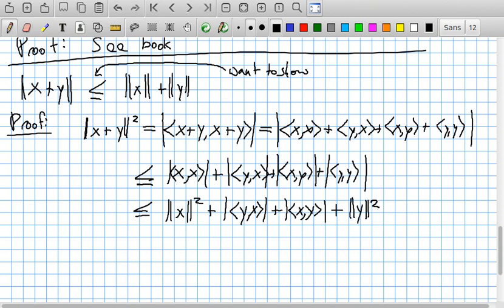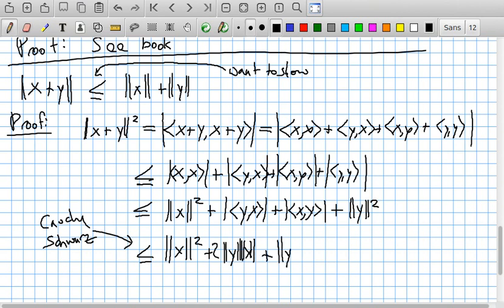Now we're going to use the Cauchy-Schwarz inequality. Well, what does that say? That says these two inner products in the middle here look like that.